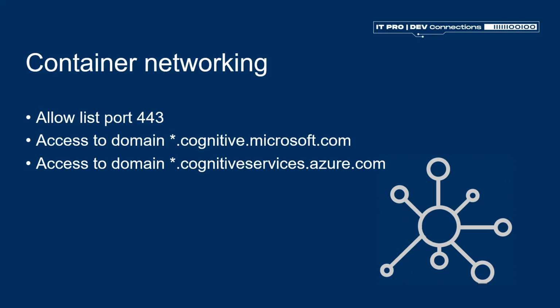Another very important thing is the container networking. For the Azure Cognitive Services container to work, besides any other networking requirements you have for your project, you should allow list port 443, and they should access the domain cognitive.microsoft.com and cognitiveservices.azure.com.